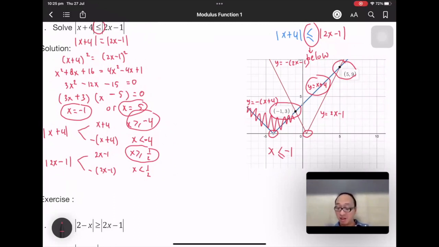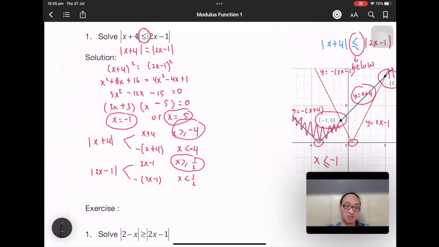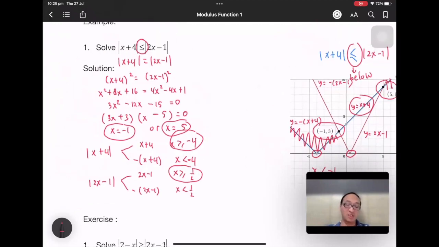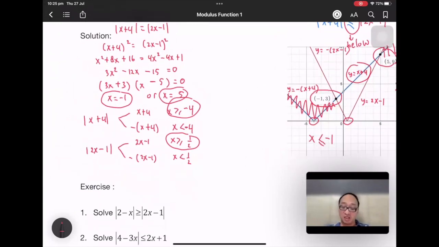And the blue is below the red in this region as well. So that means in the region of x greater than or equal to 5. So the solution of this inequality is x smaller than or equal to negative 1 and x greater than or equal to 5.